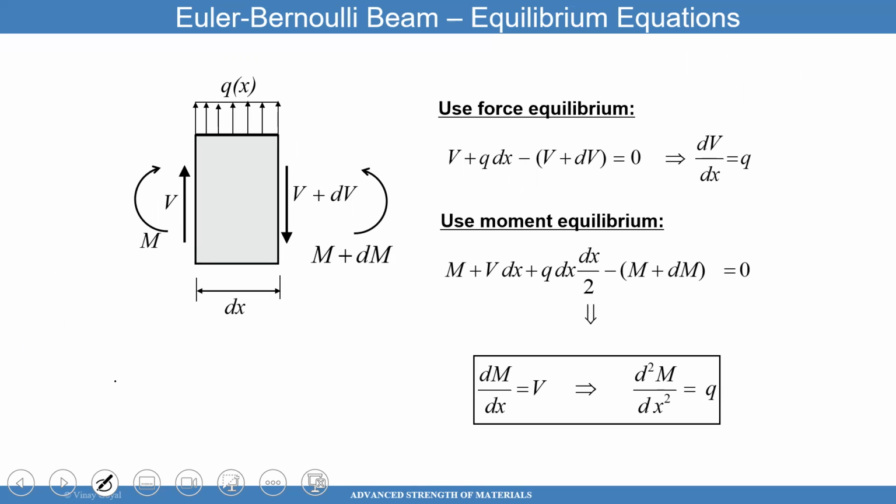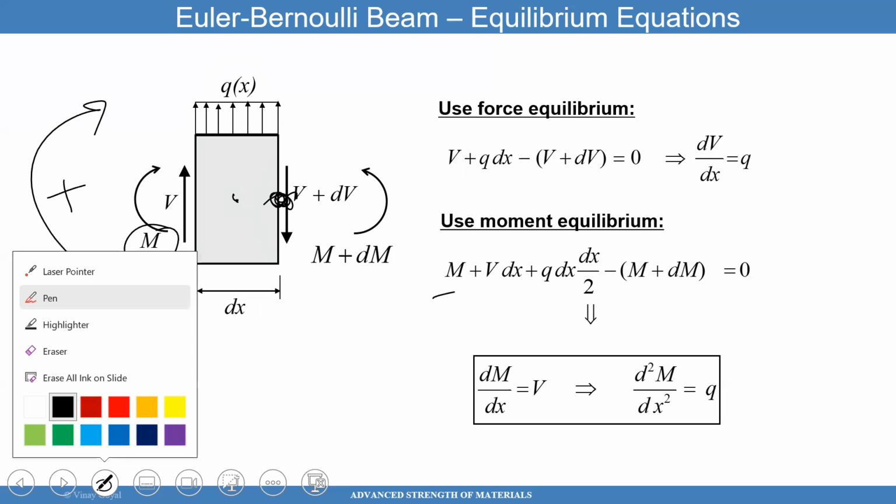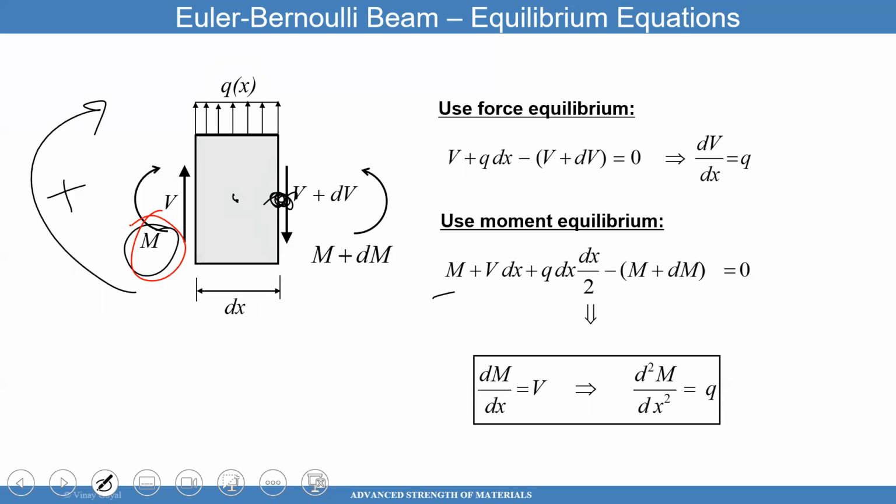If I now do equilibrium of moments, I can do it about the center if you want to, or about this point. In this case, I did it about this point. So if I take this as positive, then I have M there. That's that one here. Different colors, you can see it better. And then I have M plus dM there, which is going in the negative sense.